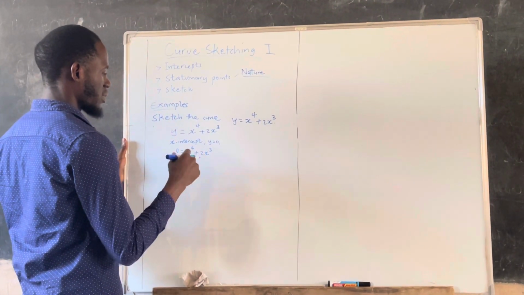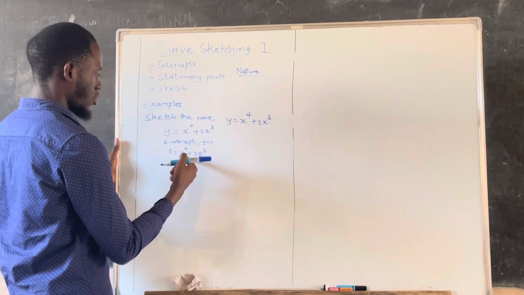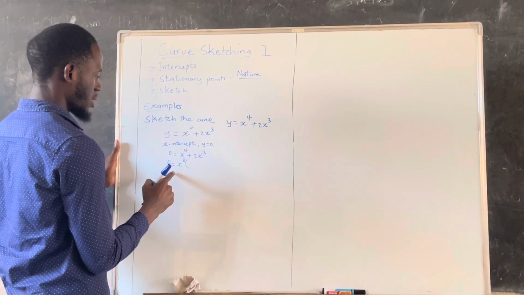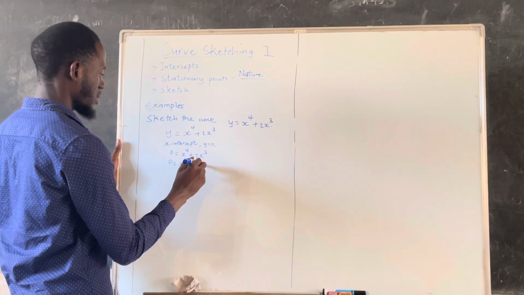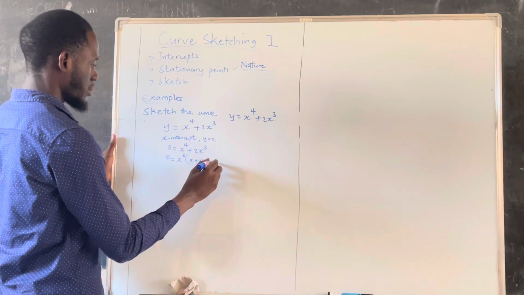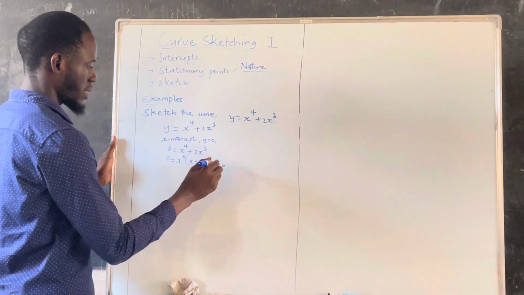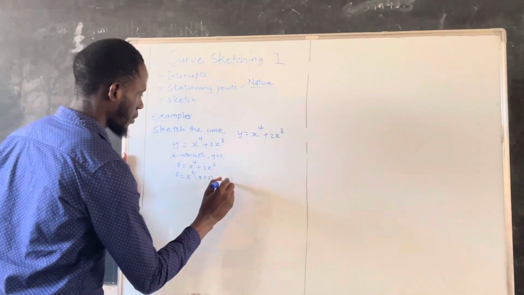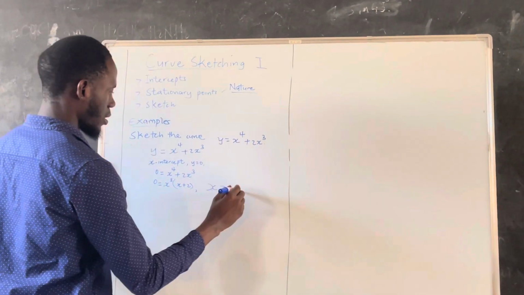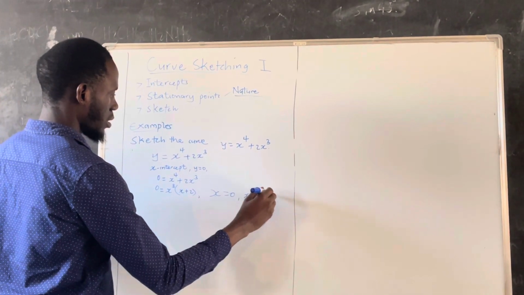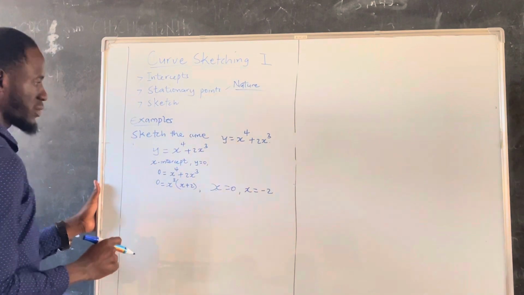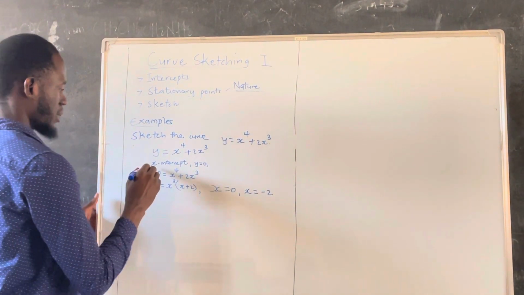I factorize out the highest common factor, which is x power 3. Then I stay with x plus 2. So either x is equal to 0, the curve is going to cut at x is equal to 0, or if I equate this bracket to 0, the curve will also meet the x-axis at x is equal to negative 2. This is for the x-intercept.